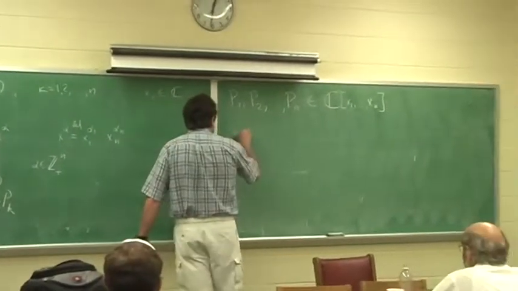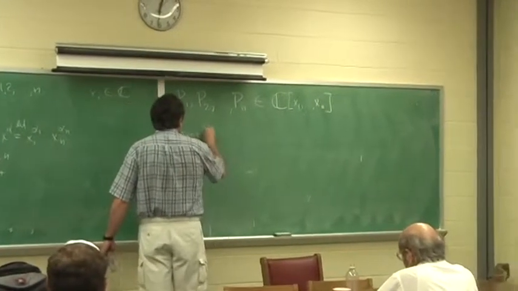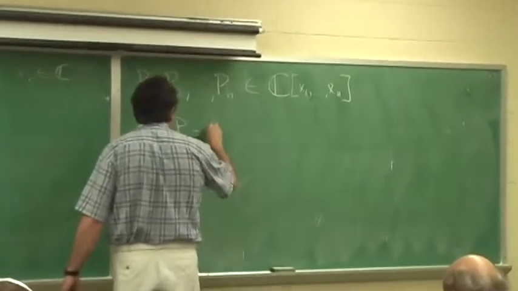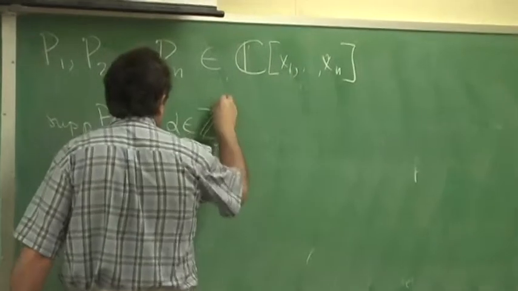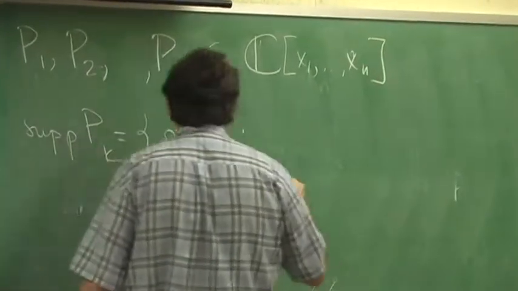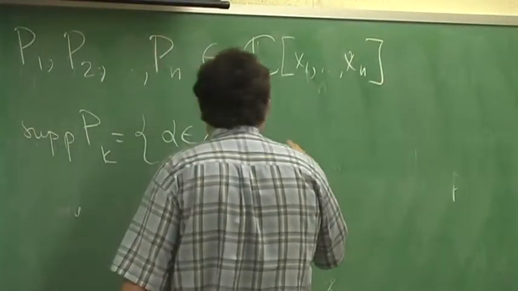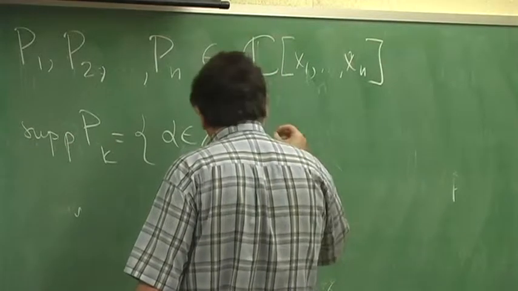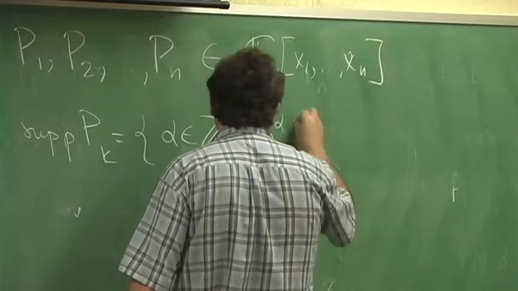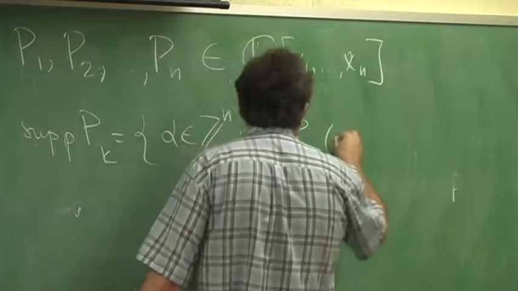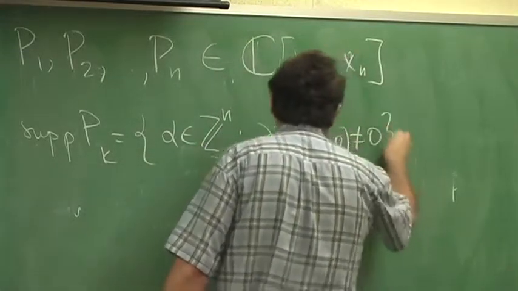So again, support of pk is the set of alpha in Z plus n such that, if you wish, d alpha pk of 0 is not 0.